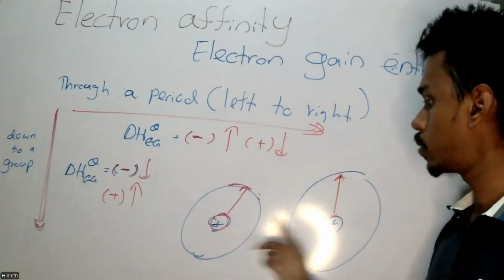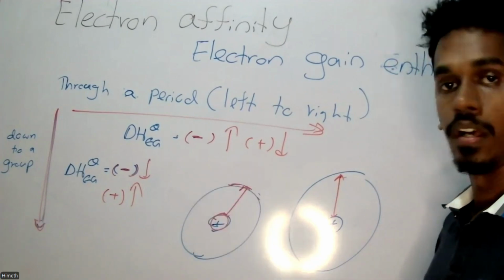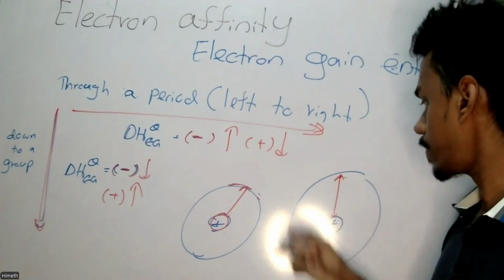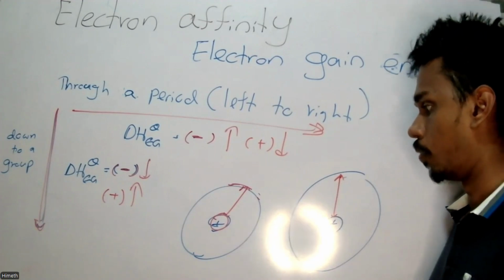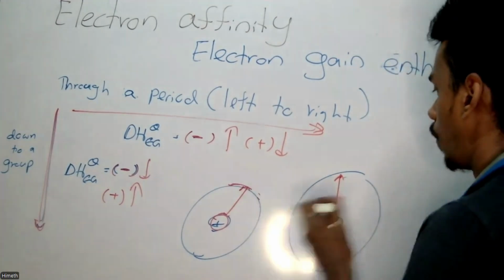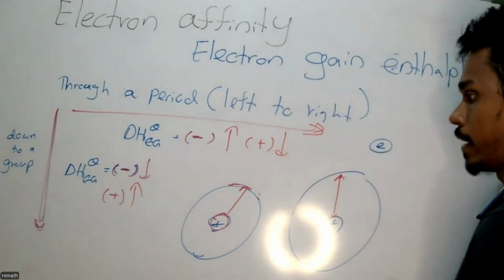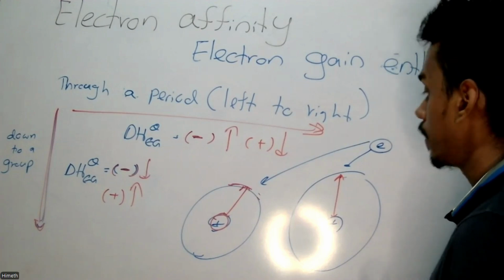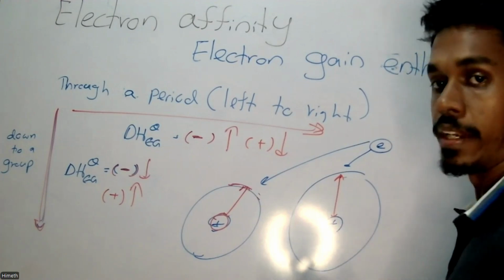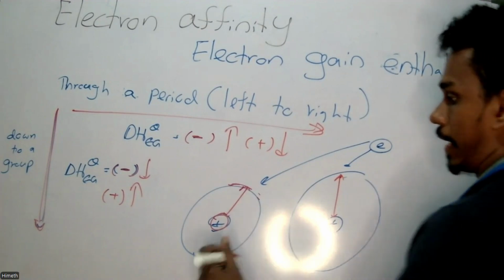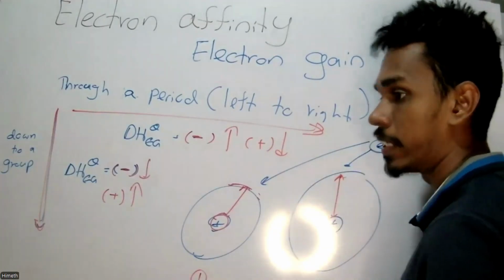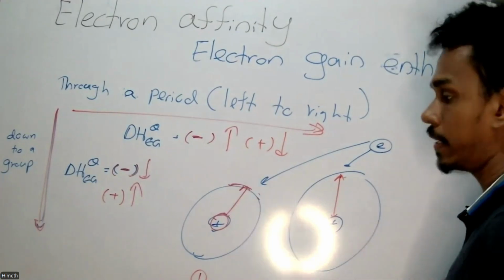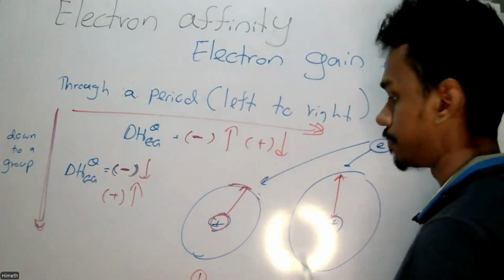So when we compare these two atoms, this atom has a very small atomic radius and this atom has a large atomic radius compared to this atom. When we add an electron to the outer energy state of both these atoms, which nucleus gives more attraction to that electron? Yes, that atom gives more attraction towards that electron, because there is a small distance between that electron and the nucleus.